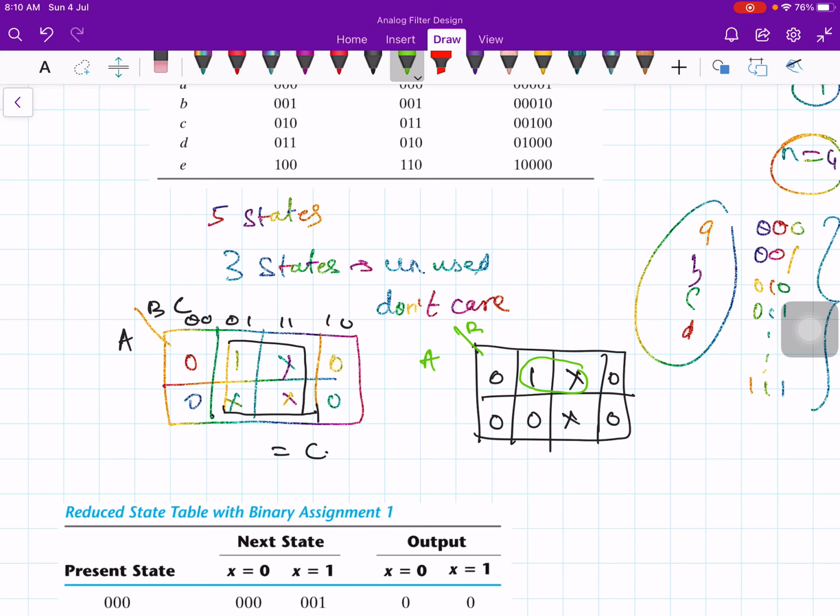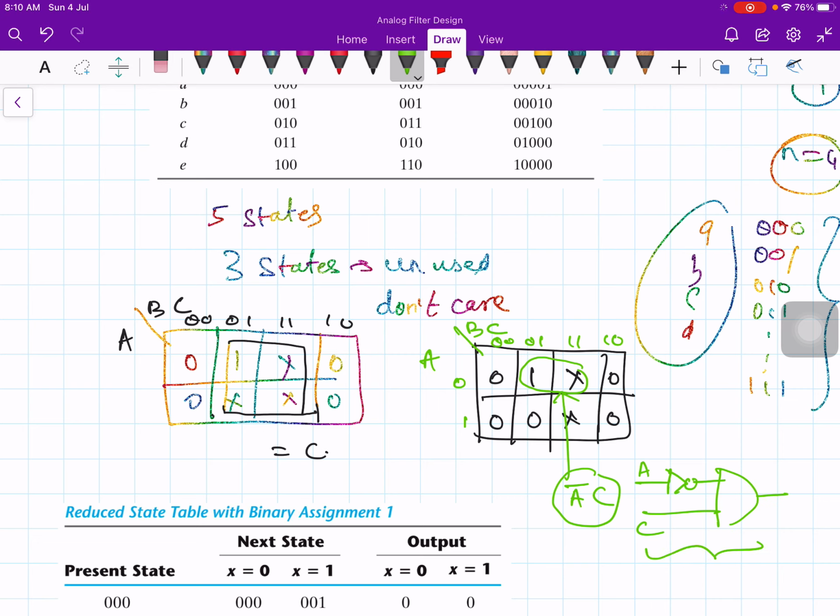Now A, B, C, then what is going to happen now? This is 0 0, 0 1, 1 1, 1 0. So 0 1. So the Boolean expression for this is A bar C. Therefore, to implement this, I need one NOT gate. You give A and then C and then put an AND gate.